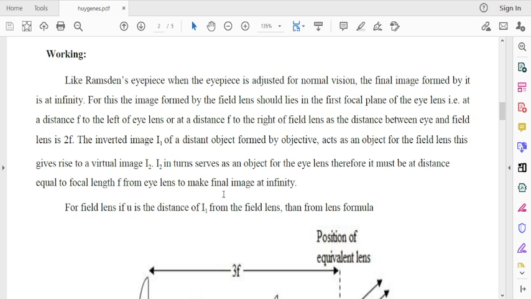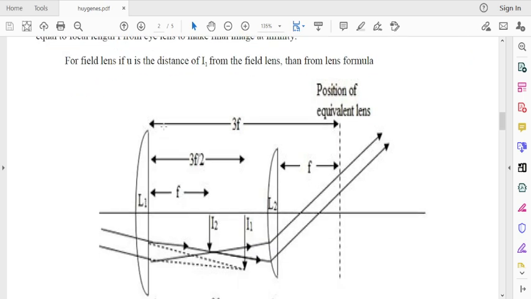See in this description, a distance F to the left of the eye lens. Yes, this is the image I.